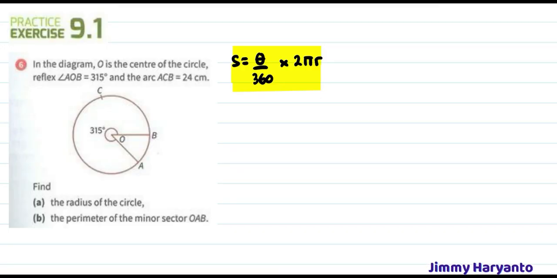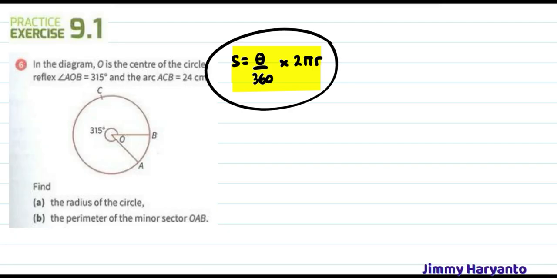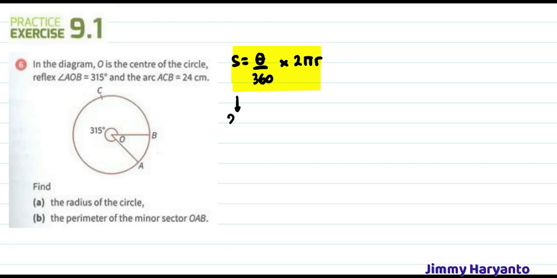And then next is question 6. The question says the arc of ACB is 24 centimeters. That means this one. I think we can get the radius from that information. I already wrote the formula. We only have to input S equals 24, theta equals 315 degrees because that is the major arc, over 360 times 2 pi times r.